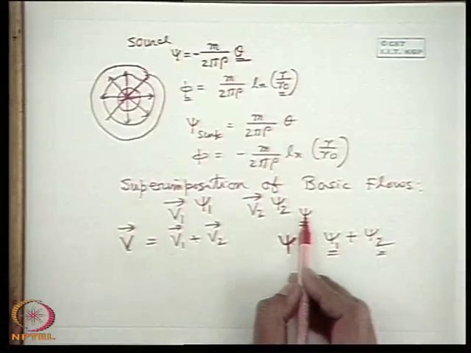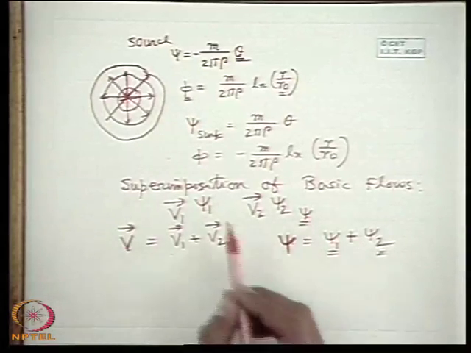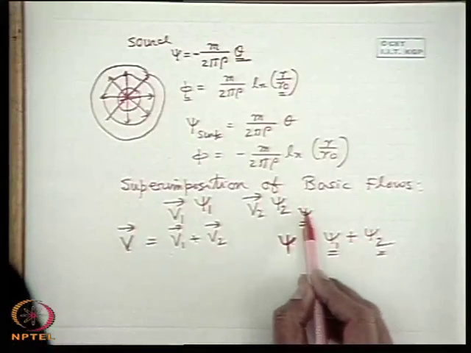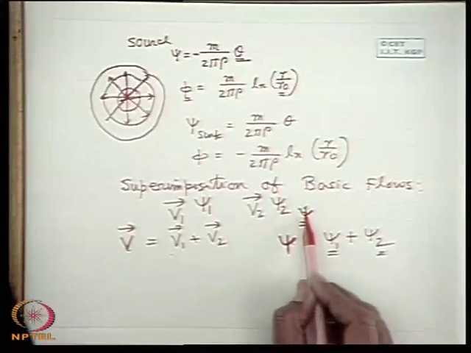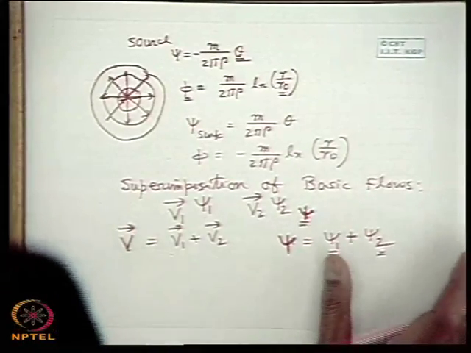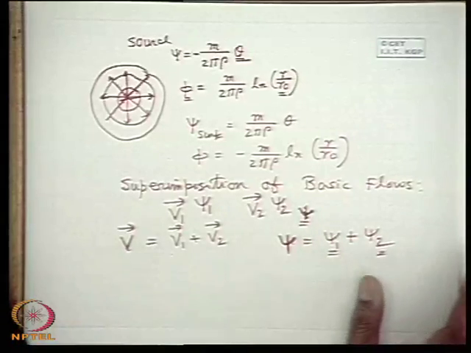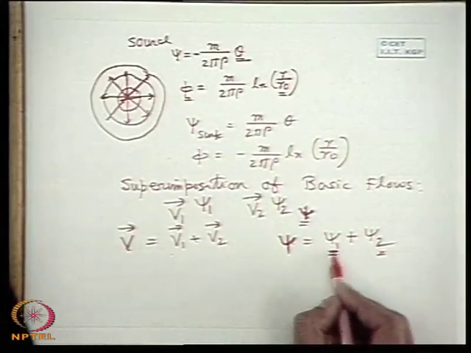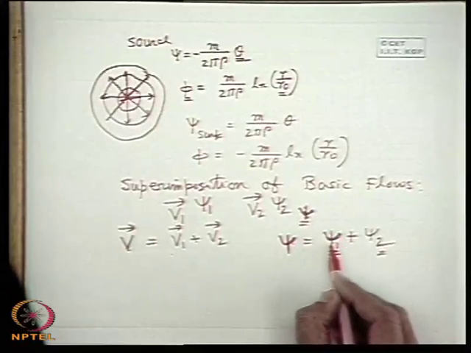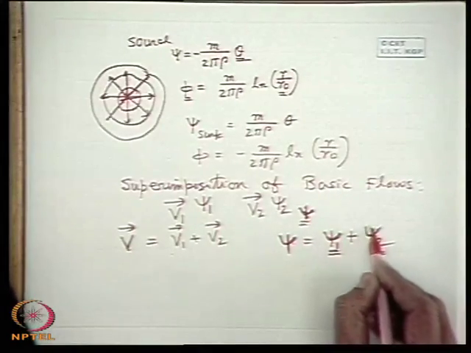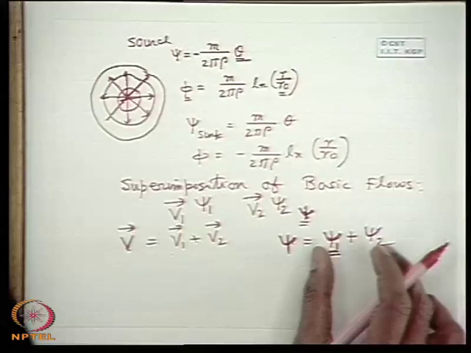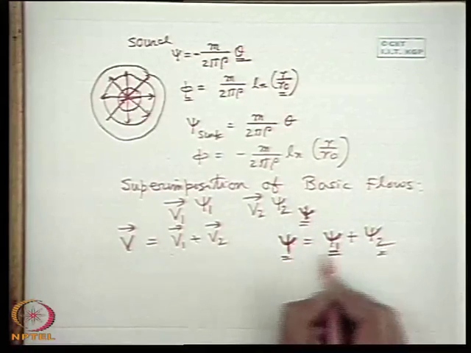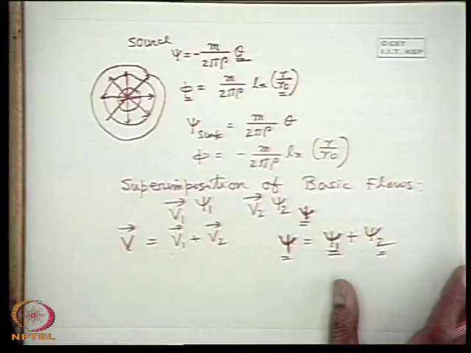This is because the stream function bears a first power relationship with the velocities, because it is simply related to the velocity gradient. So the basic conclusion is that if two flows are superimposed, the resultant psi function can be obtained by the addition of the psi functions of these two.